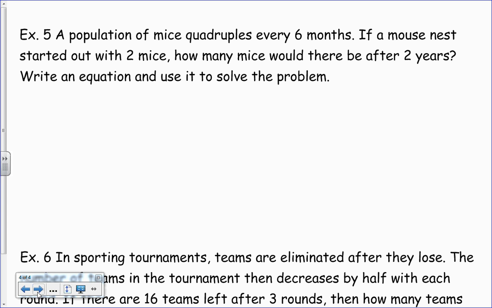All right, example 5, population of mice quadruples. That means you multiply by 4 every 6 months. Not every month, every 6 months. So again, here we're using y equals A times B to the x over t.